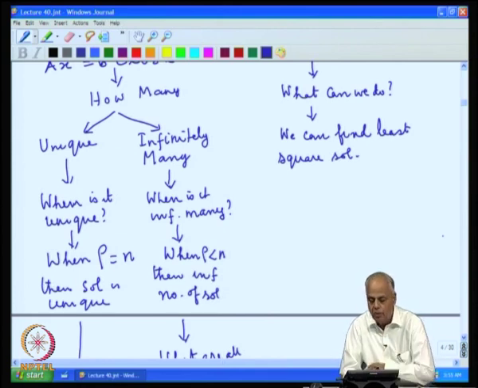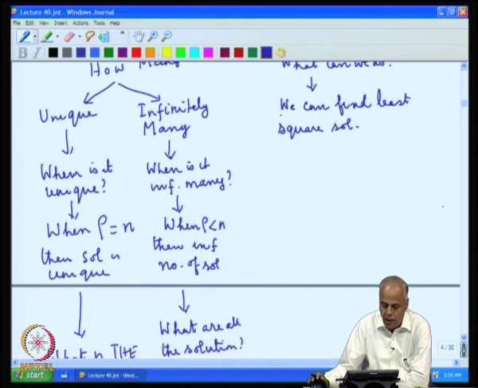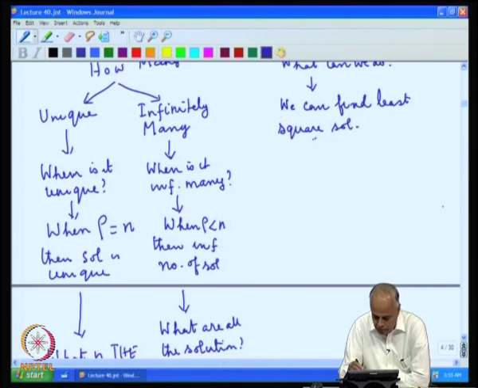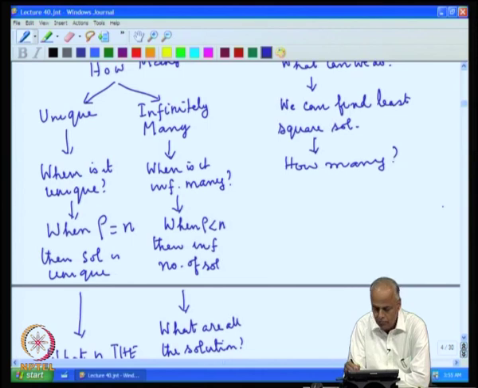We can get as close to B as possible, and the solution which gives you the minimum error is called a least square solution. Then we ask, if we can find least square solution, how many? Again we had the same situation as before, either unique or infinitely many.